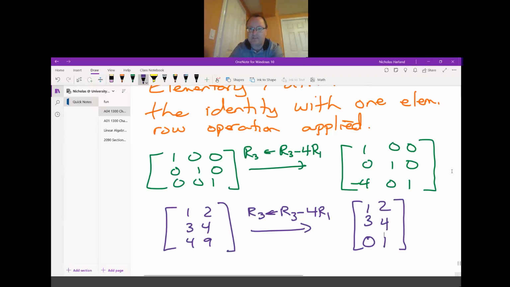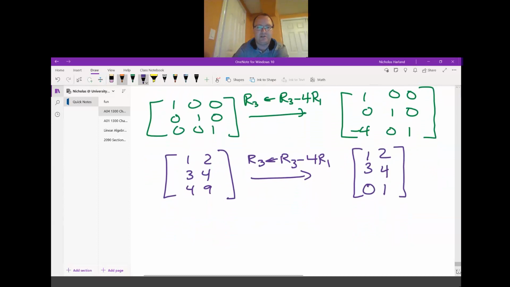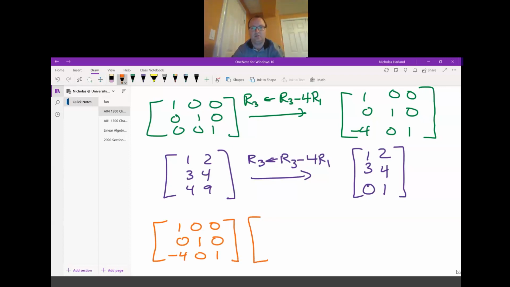So the key question about this that makes elementary matrices so powerful is what would happen if I took the answer to the first one and multiplied it instead of doing the row operation?